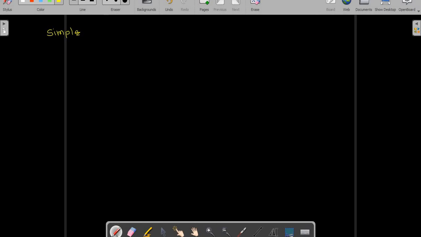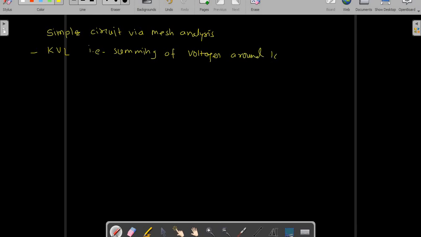Simple circuit via mesh analysis. So in this case we use Kirchhoff's voltage law, that is summing of voltages around loop or mesh, and we call it as mesh analysis.